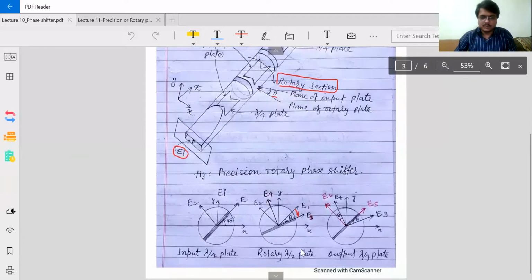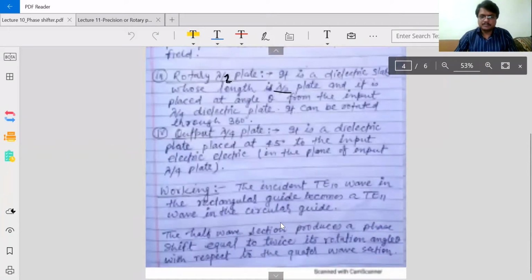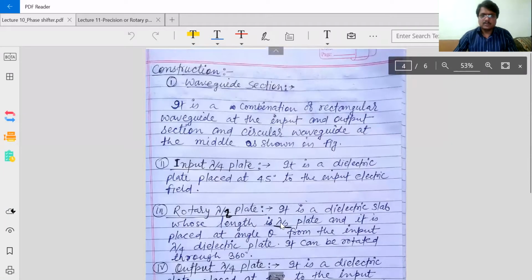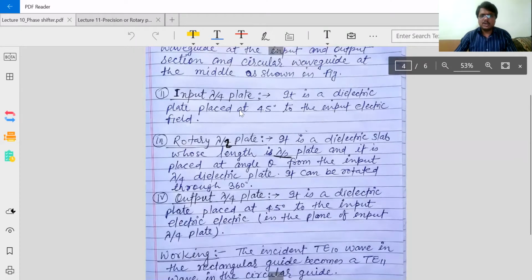So what is the construction? As we have seen, this waveguide section is a combination of rectangular waveguide at the input and output sections, and circular waveguide in the middle section. The input lambda by 4 plate is a dielectric plate placed at 45 degrees to the input electric field, as I told you.